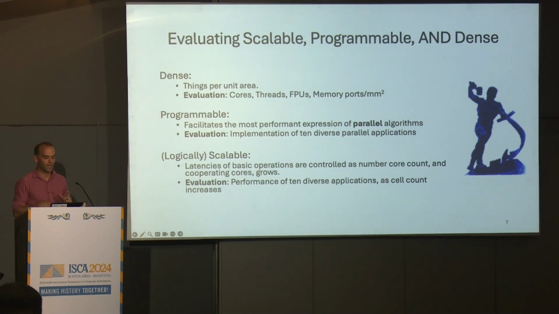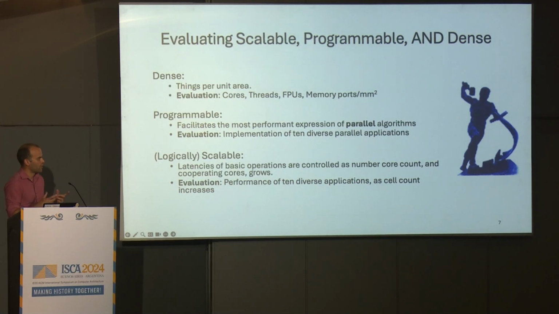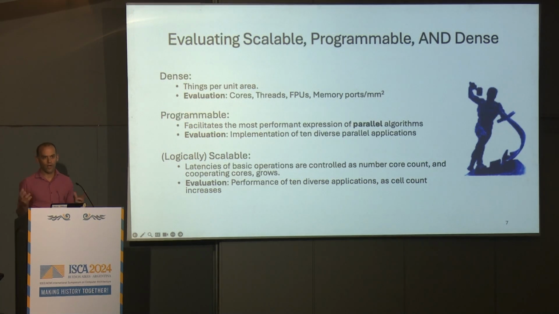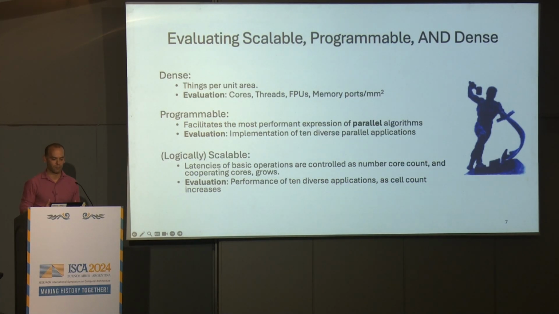Our definition of scalable differs from the historical literature on Manycores, which is just taking a single core and replicating that core until infinity. What we actually focus on is logically scalable. That is, the latency of basic operations are controlled as the number of cores and number of cooperating cores grows. Now, our evaluation of this will be to demonstrate the performance of 10 diverse applications as the number of cells in our architecture increases.